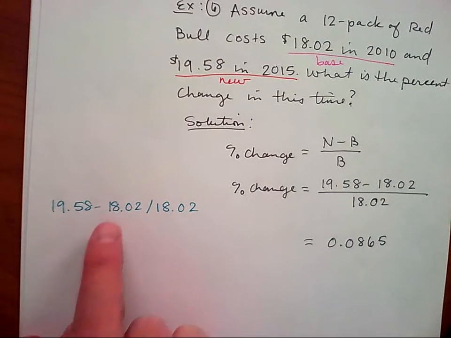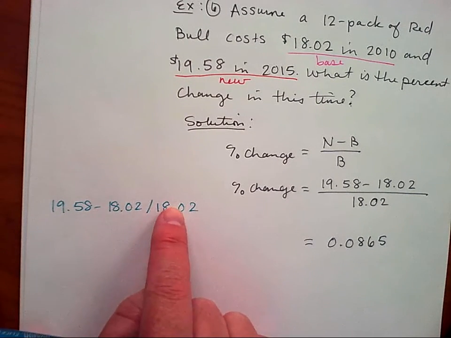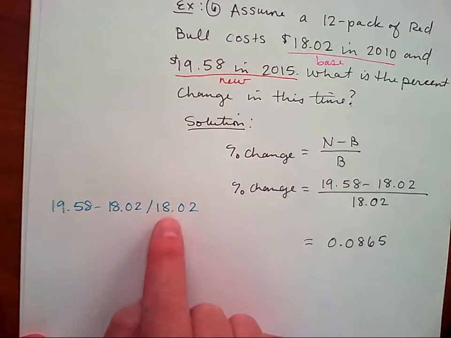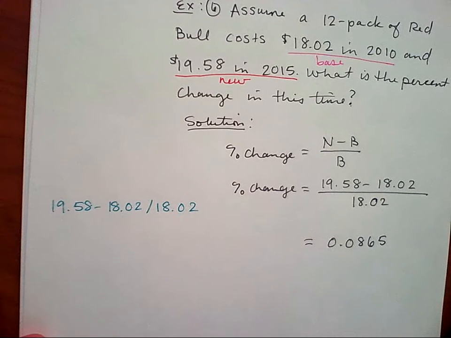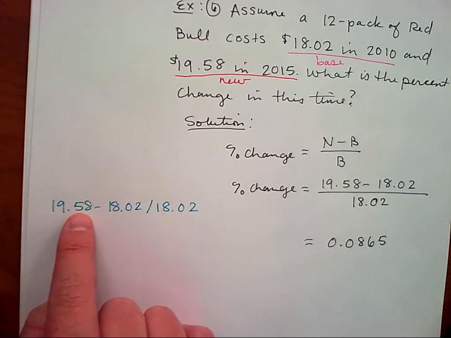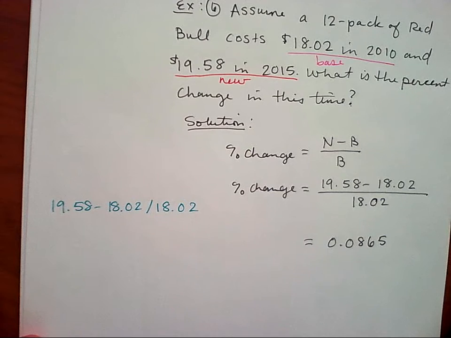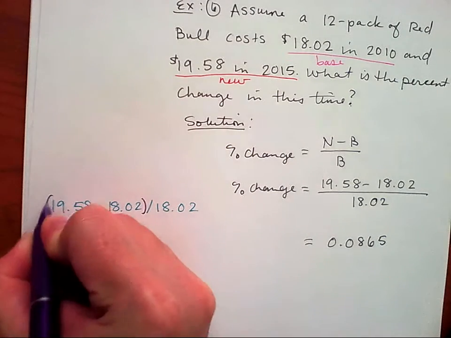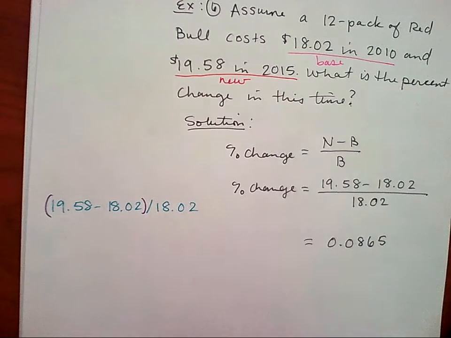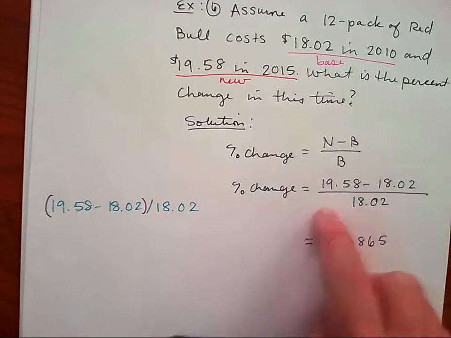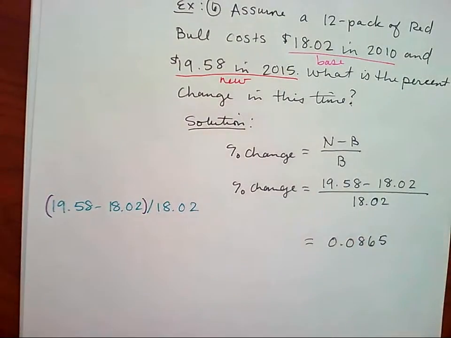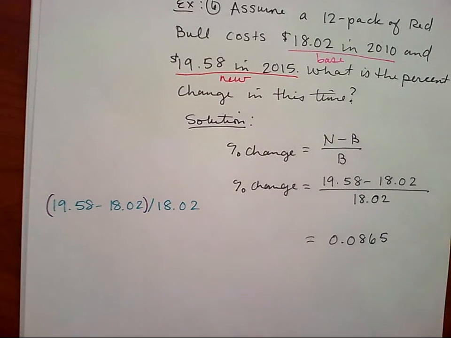Yep. So you're dividing only this by this. You're not dividing the entire numerator over this. So you're saying 19.58 minus 1. If you put this into your calculator, you have to use parentheses around the entire numerator divided by the denominator. If the denominator had some other stuff, use parentheses in the denominator too. This is the answer that I wrote down.